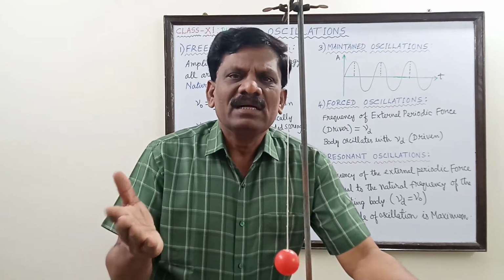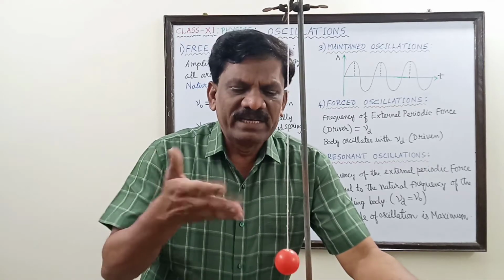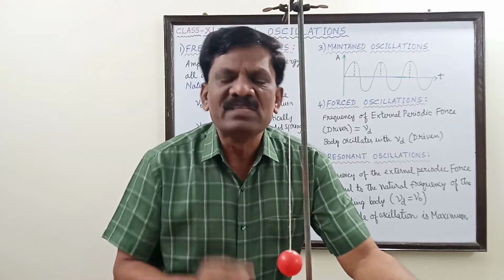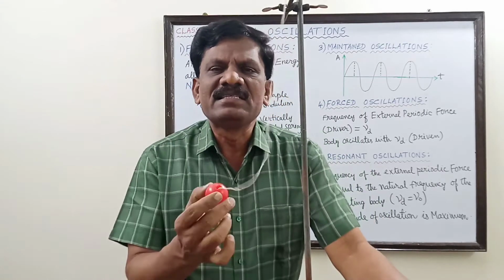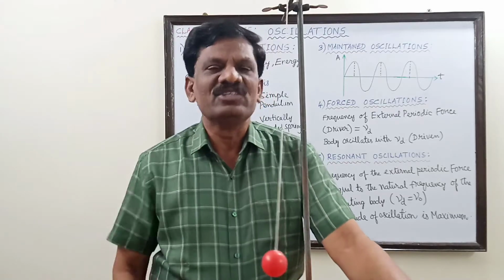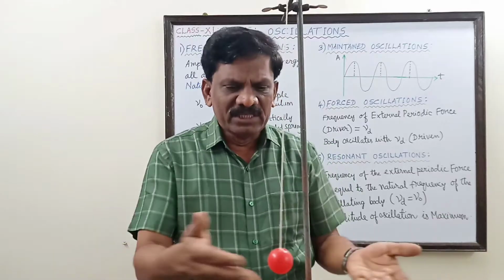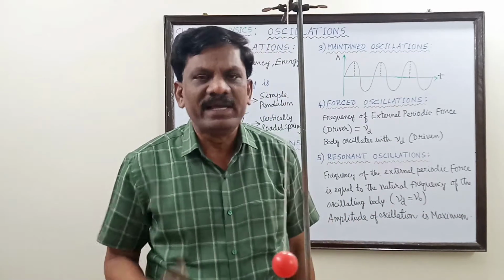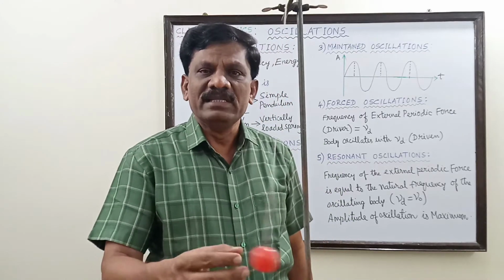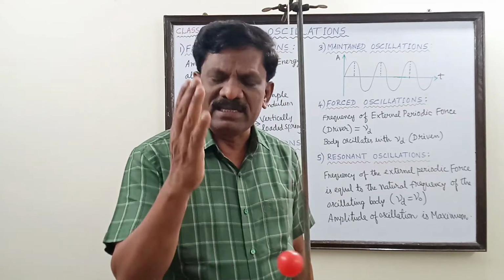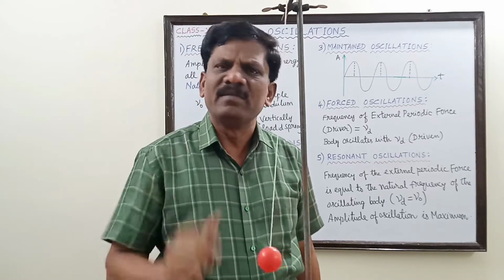So air, water, oil, these are the media which can exert the damping force in the form of viscosity. Because of that, this oscillating system is losing some energy. Understand? In the absence of this medium, it should continue to oscillate permanently. I told you. Why? Because there is no damping force. In the absence of damping force, its amplitude, its energy and frequency all will remain constant.